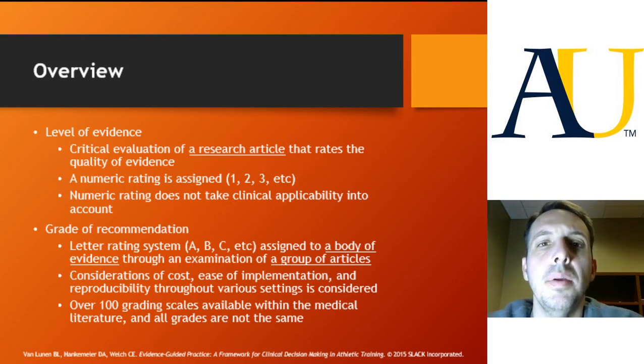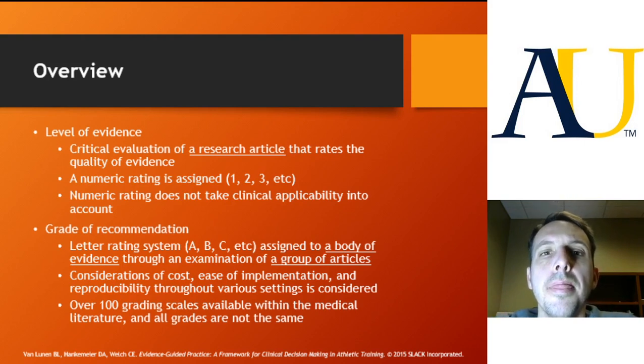So for each piece of evidence that we find in our step 2, we are then going to assign it a level of evidence, and this is numerical as far as 1, 2, 3, 4, 5, whatever the standard is that we're using for that, and then go from there into a grade of recommendation based off of all of the evidence that we have found, as well as the clinical applicability of it.